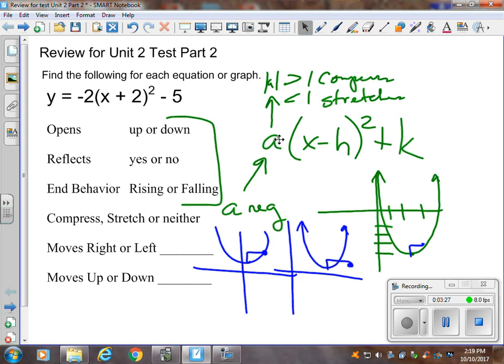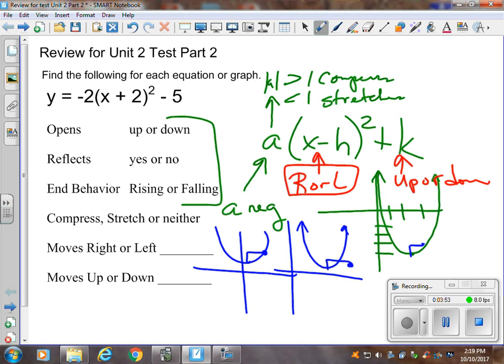Then this up, down, left, right thought over here comes from right here for right or left, and over here for up or down. But what's so special about this x part? It's opposite. Well, here's why. The formula has a subtraction sign in it.